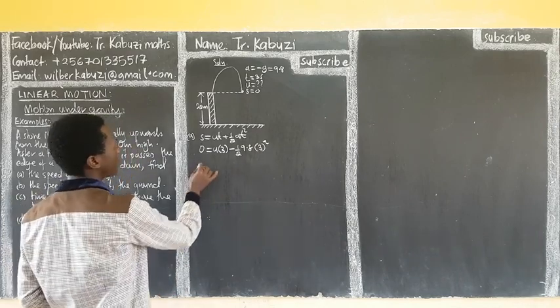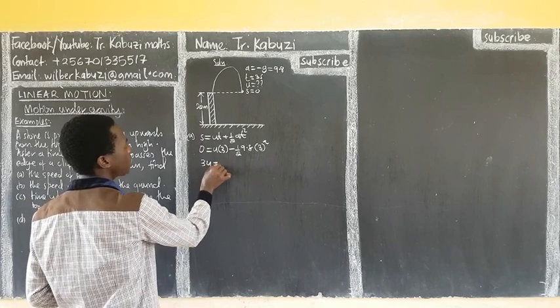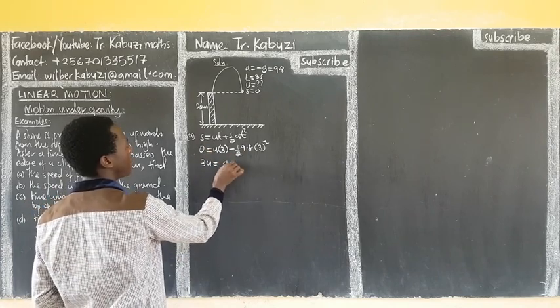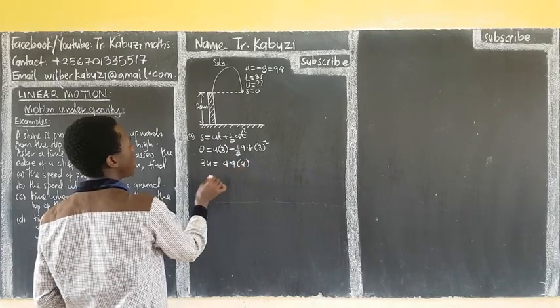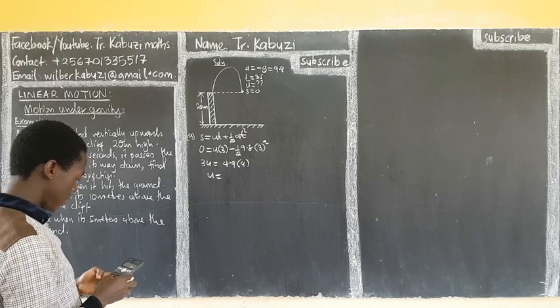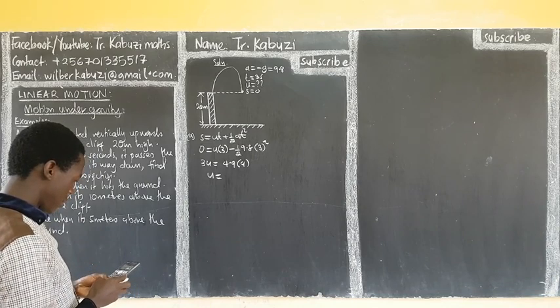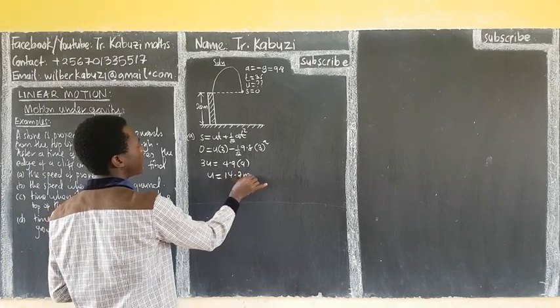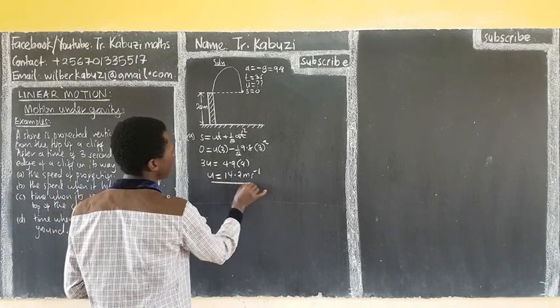So 3u equals 4.9 into 9, and so our u will be 14.7 meters per second. That would be our u.